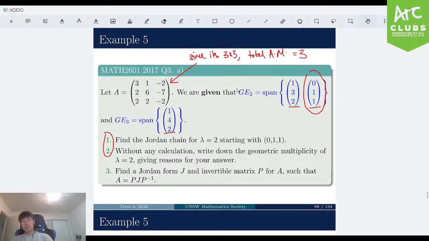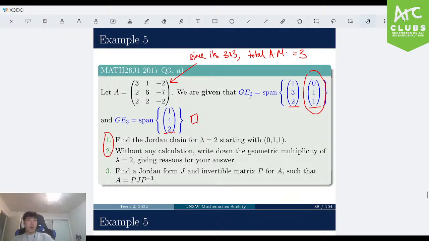For eigenvalue 3, since it's just a span of a single vector, the block diagram is obviously just a single block. There's no extra levels, there's nothing else on the base, it's just a single vector.